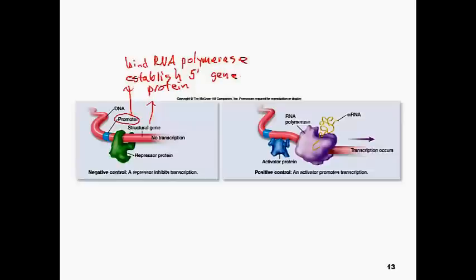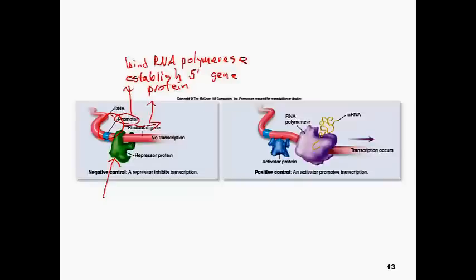Well, we can see at this position when this repressor binds, even if RNA polymerase is able to recognize its promoter, it's not able to then read the structural gene. It's occluded by the presence of this bulky repressor.